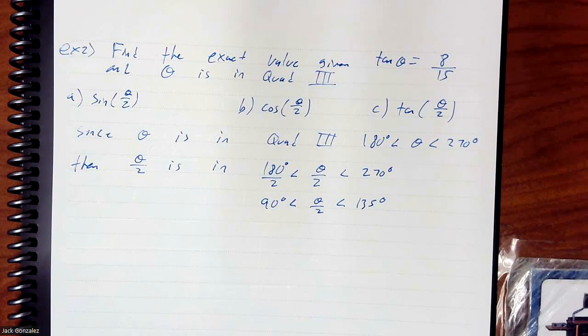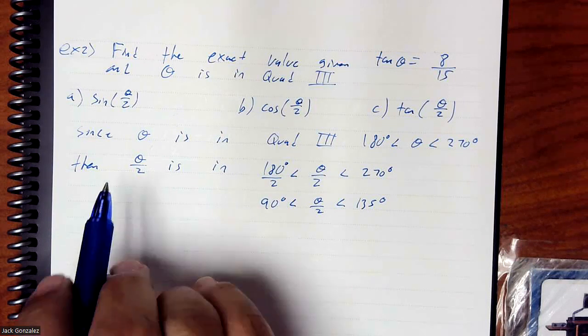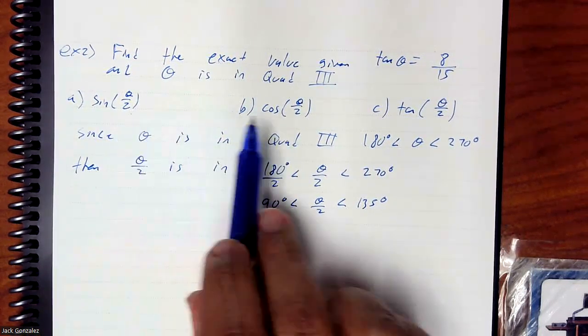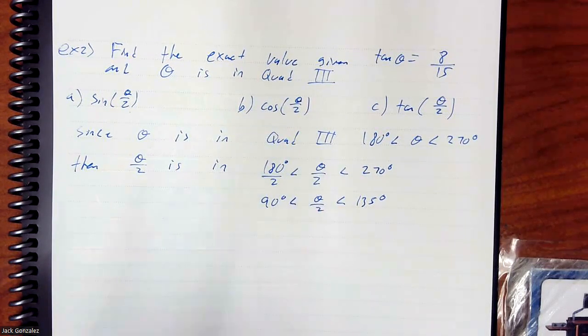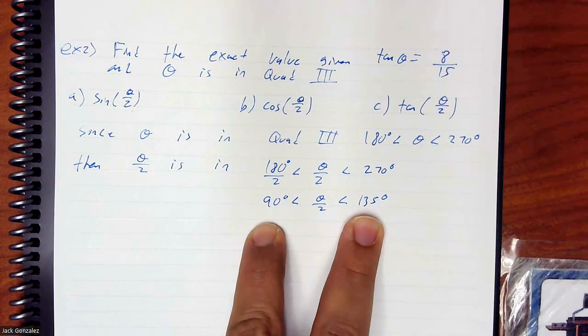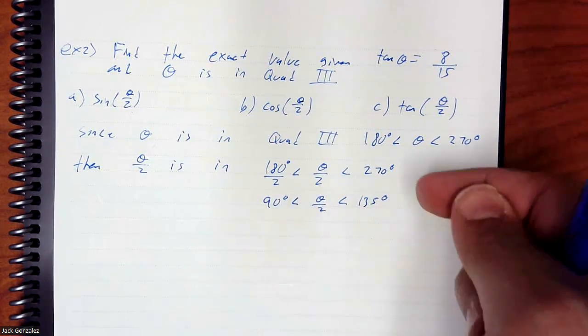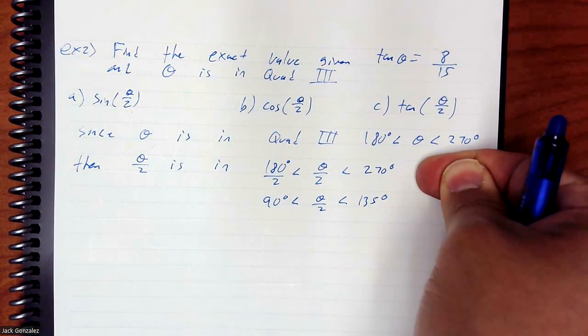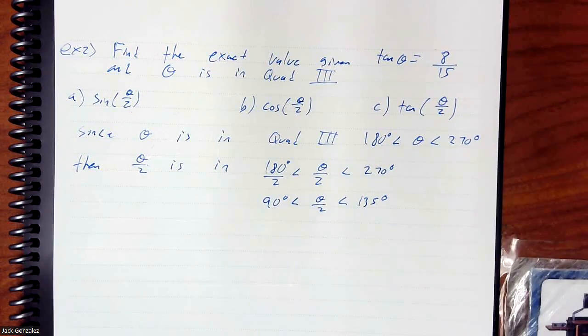Cosine will be negative. So when we're solving sine theta over 2, cosine theta over 2, etc., we'll choose the appropriate sign based on this one. But when you find the originals, sine, cosine, whatever, you choose this one. Yes.